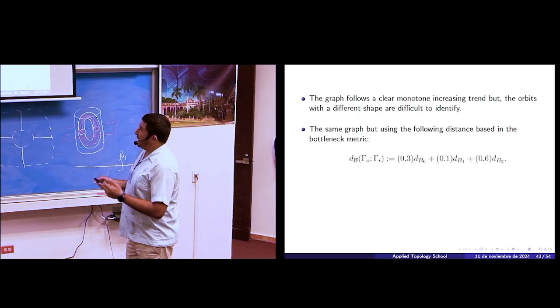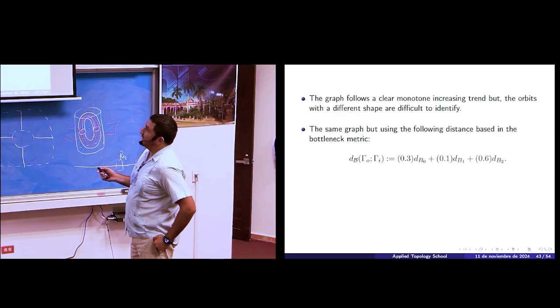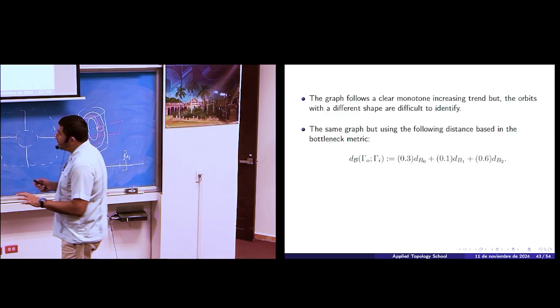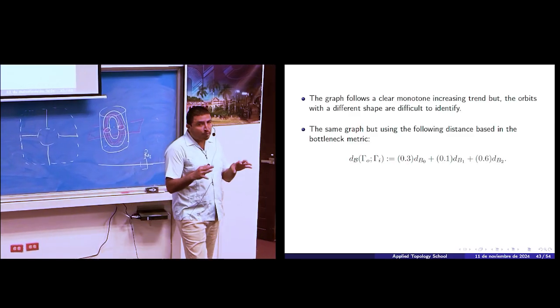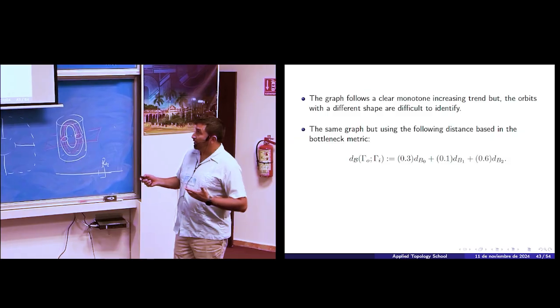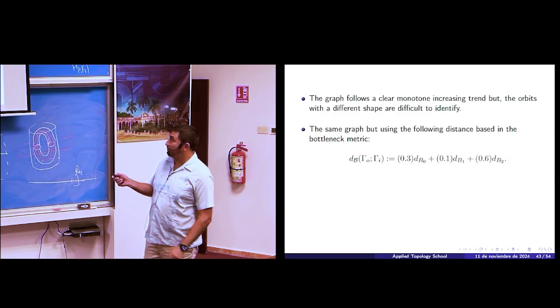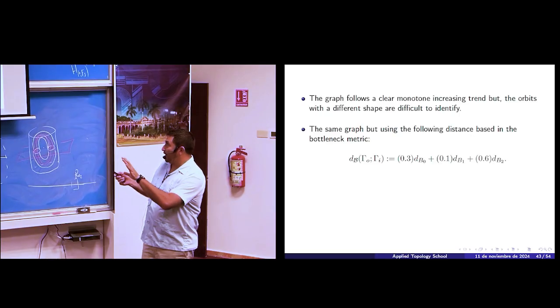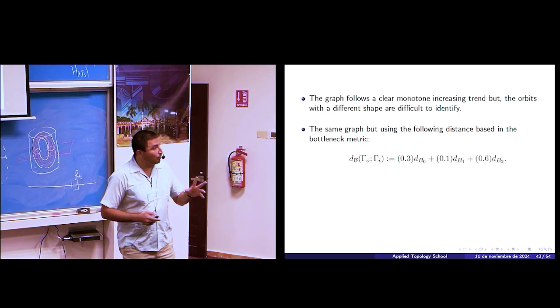Then we apply the bottleneck distance with these parameters. This is the bottleneck distance between the two zero persistent diagrams of the orbit. 0.3 for the bottleneck distance in this zero persistent diagram, 0.1 and 0.6 for the persistent diagrams of the one homology, right?